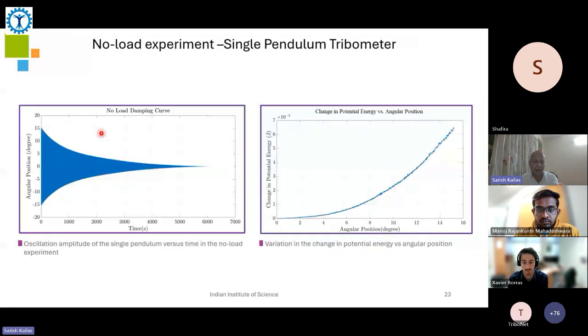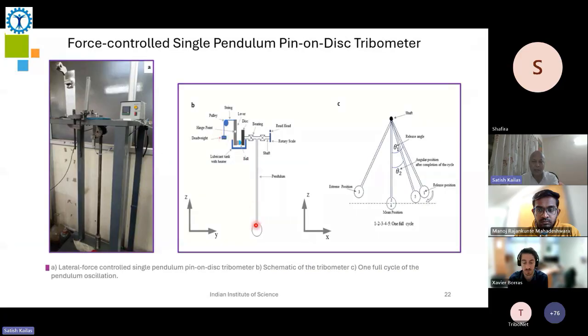The interesting thing about this is I can change the normal load and independently control the energy of the system. I can change the weight, and I can change the length of the pendulum, which will change the frequency of oscillation. By changing the weight, I can change the energy that is input into the system independent of the tribo contact.